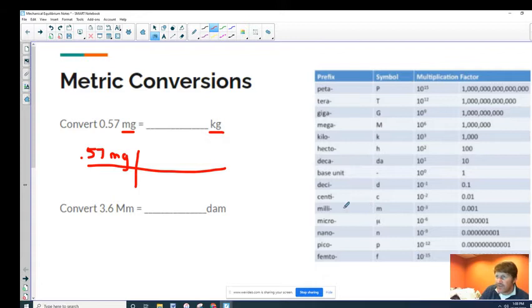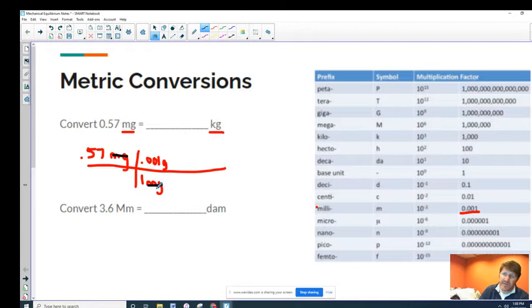So first I'm going to come over here and I'm going to find milli, and I'm going to see that milli means 0.001. So that tells me that 1 milligram is equal to 0.001 grams. Okay. So then my milligrams are going to cancel out.